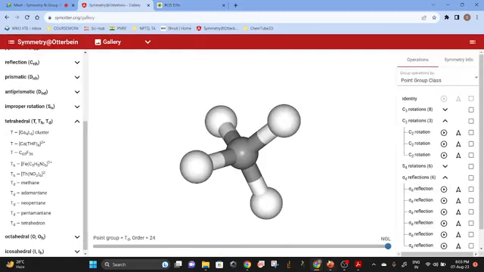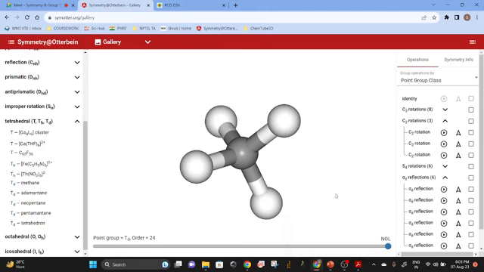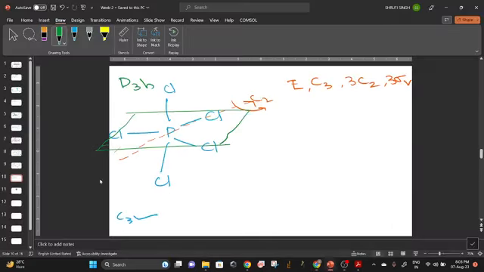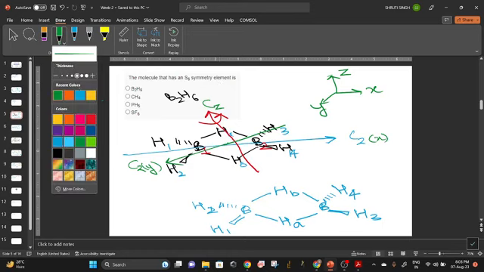Now what is the next molecule? SF6. So if the other three don't contain it, this one should contain it, right? The molecule that has an S6 they are asking. So if the other three don't have it, this one should have. Let's see how.